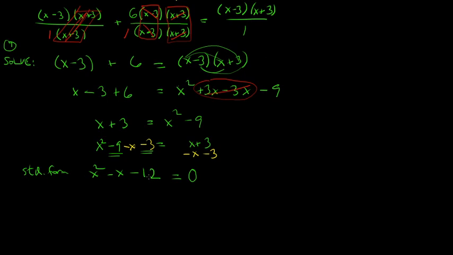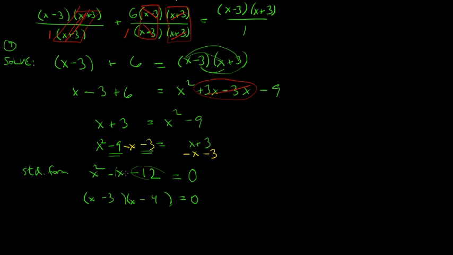Okay, so the only way we know how to solve these at this point is if we can factor. Can we factor the left side? Sure. What two numbers multiply to negative 12 and add to negative 1? I mean, write them out if you have to, right? You can do 6 and 2, 12 and 1, but I think it's going to be 3 and 4.